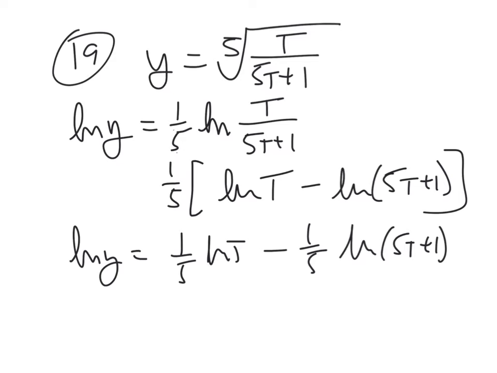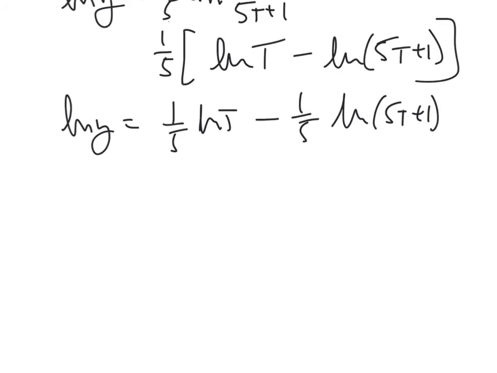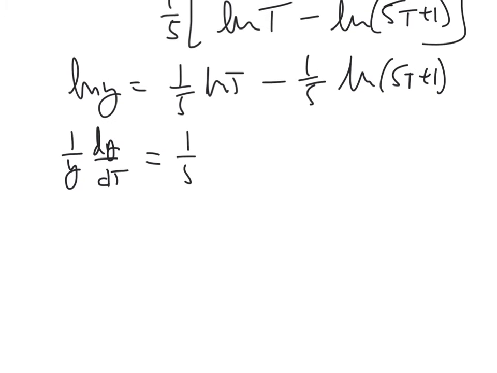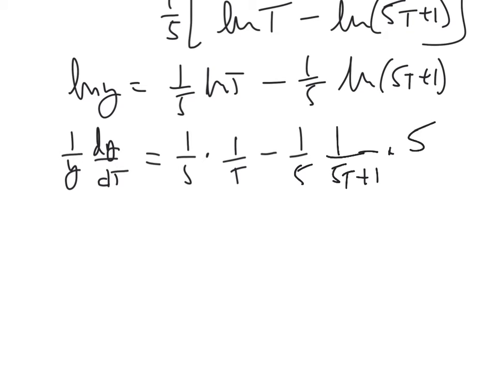And now let's do some calculus. Let's take the derivative of everything. So I get 1 over y dy dt equals 1/5 times 1 over t, right? Minus 1/5 times 1 over 5t plus 1 times the derivative of the 5t plus 1, which is 5.